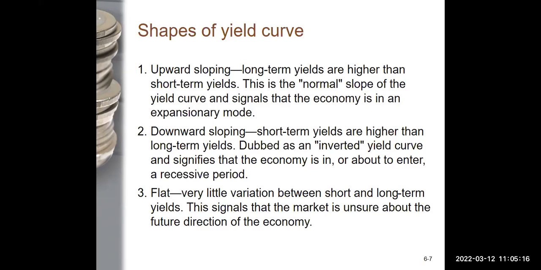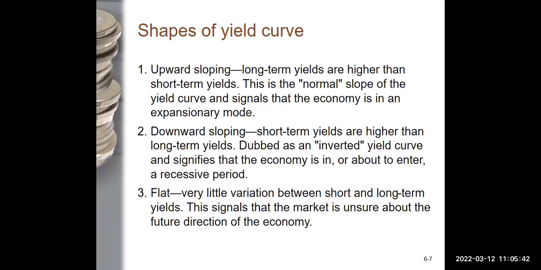When the central bank wants the economy to expand, what do they do? And the economy is increasing, so their returns are getting better. All right. So what happens with downward sloping curves? The short-term yields are higher than the long-term yields, so it is dubbed an inverted yield curve.